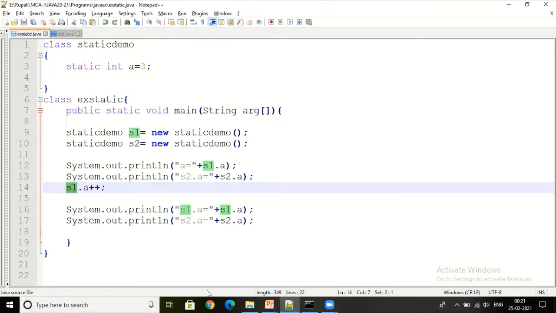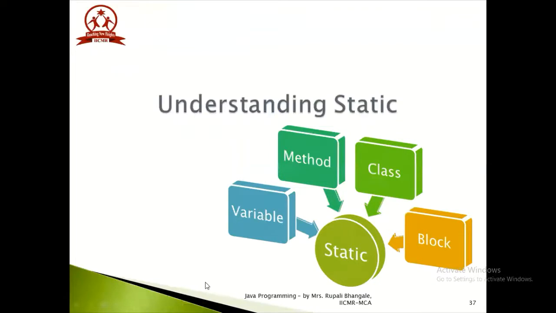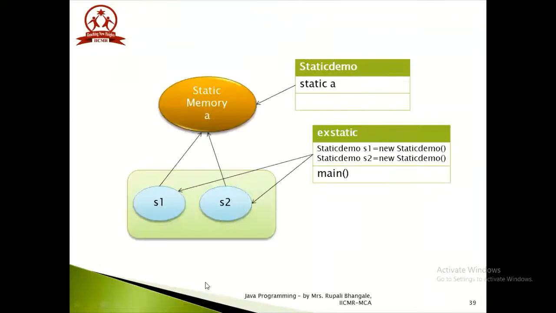Now how it has been happened? Just check from your memory diagram. Just assume you have this static A variable from the static demo class and here you have separately created the object S1 and S2 like this. This S1 and S2 have been created in your heap area.